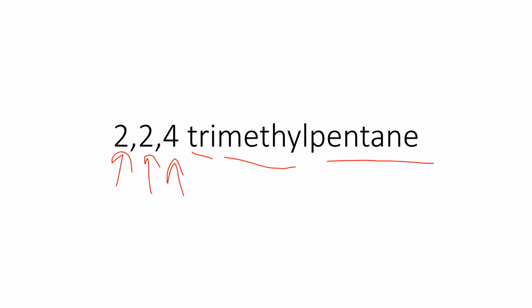So basically identify your longest chain, identify your side chains, number them based on location, not on how many they are. The number does not refer to how many there are. The number refers to location. And then stick it all on the bit that indicates the longest single chain.